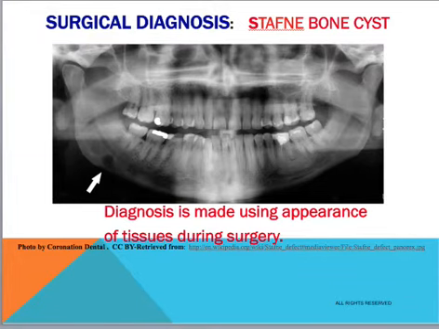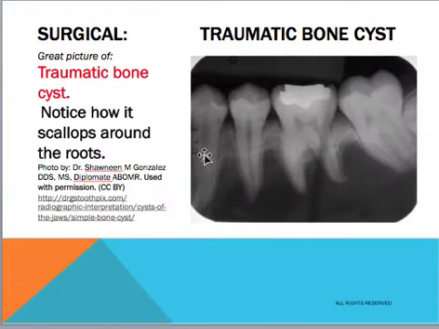When the surgeon went in, it became obvious that this was what's called a Stafne bone cyst, which is not a true cyst. This is a pseudocyst or fake cyst. It looks like a cyst on the radiograph, but when the surgeon went in, they found that it was a bony defect.